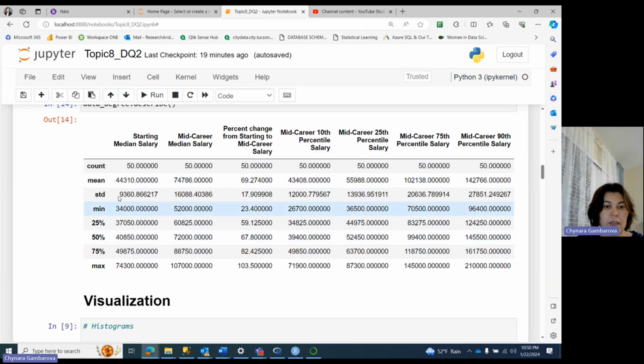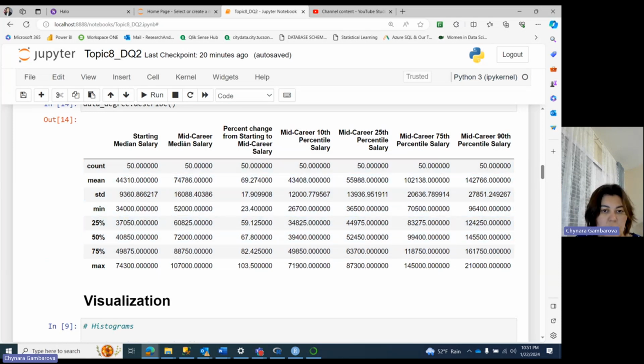The fact that they are not close to each other means that there are outliers, and in our case, the mean is bigger than the median, which indicates that the data is positively skewed. I mean, there are outliers that are higher than the other bulk of the data points.